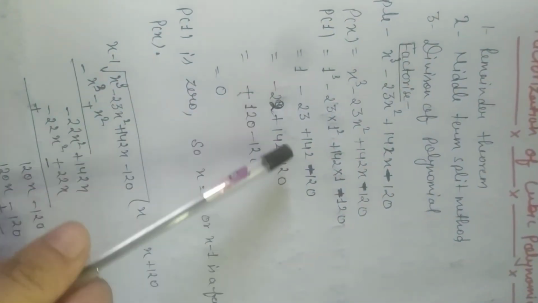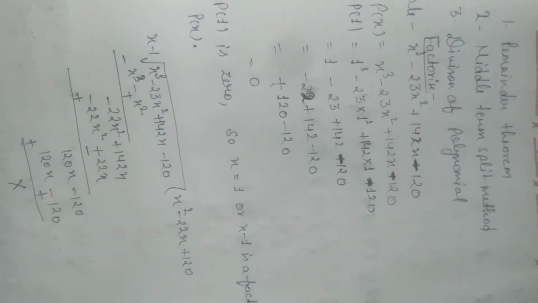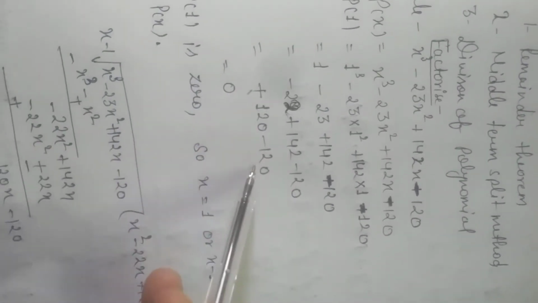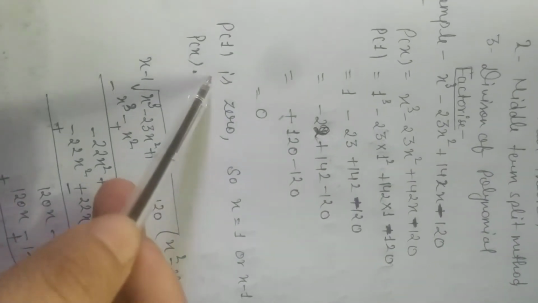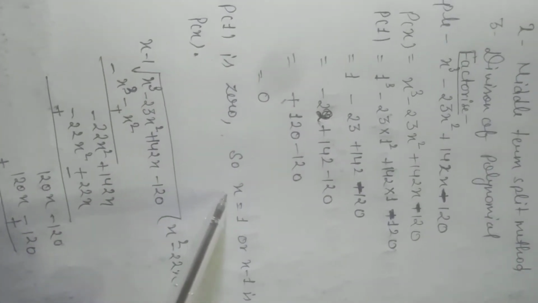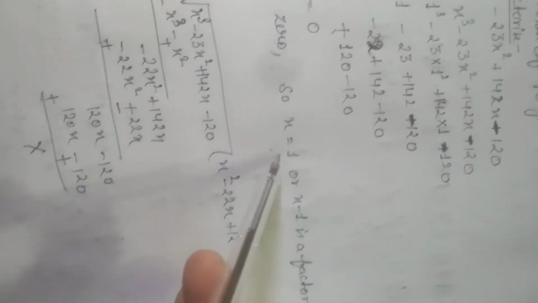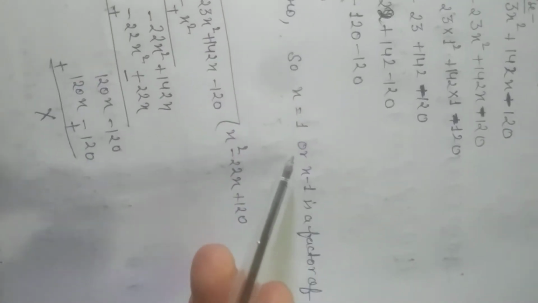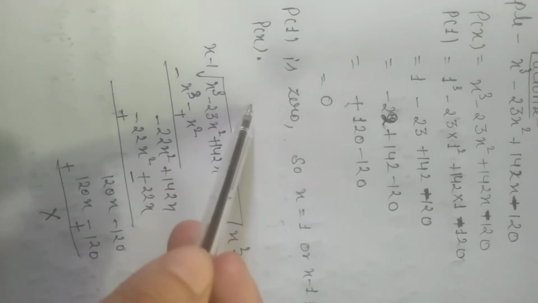Minus 22, plus 142 minus 120. When we subtract 22 from 142, what will remain? 120. 120 minus 120 is equal to 0. Now we are seeing that P(1) is coming 0. So when we are keeping x is equal to 1, we are getting 0. Or we can say x minus 1 is a factor of P(x).